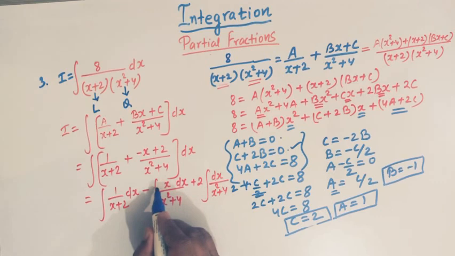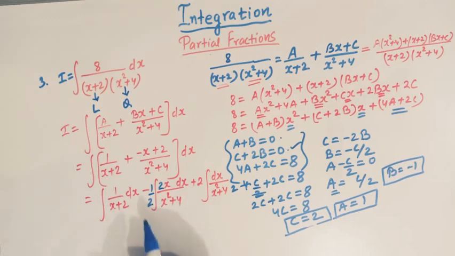Here we can multiply the numerator by 2 and the denominator by 2, or in other words we can say that if we place 2 in the numerator and 2 in the denominator, then the derivative of x square plus 4 becomes 2x.